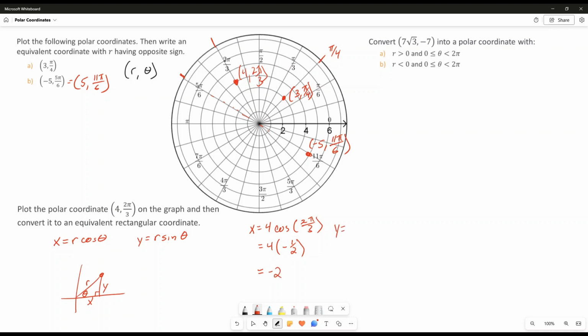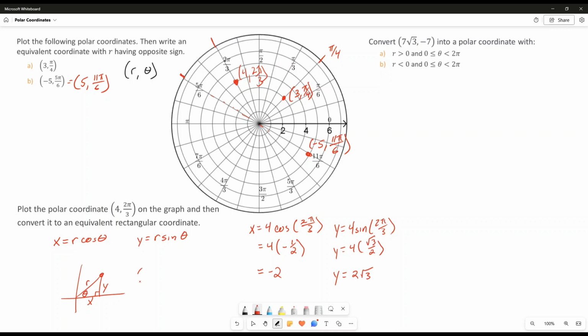And similarly for y, we're going to have y = 4 times the sine of 2π/3. And I know the sine of 2π/3 is going to be positive √3 over 2. And so y is going to be 2√3.